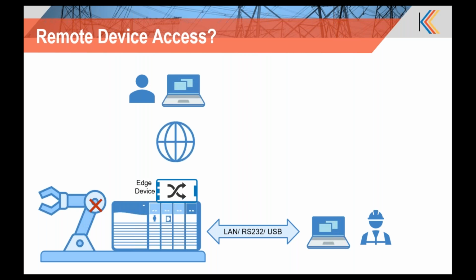For remote connectivity, usually there will be additional edge devices, could be a gateway or a kind of router, sitting along with these devices, and connecting to the internet or to a private or public WAN network, which will again be connected to the engineer's laptop or the engineering PC.